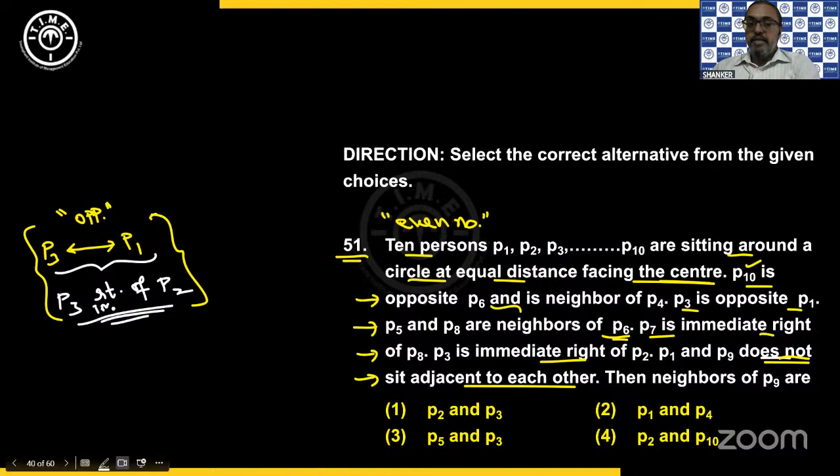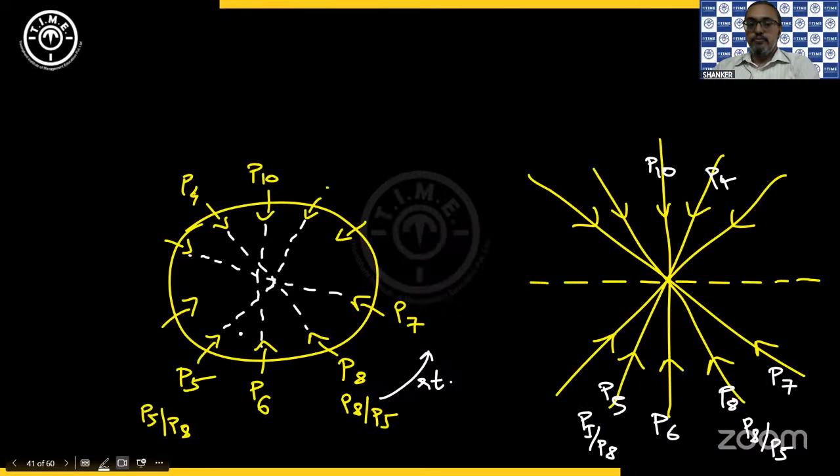P3 is immediate right of P2. Okay. So I cannot put P3 here because P3 will be immediate right of P7. So I will have to put P3 here so that this is the right side, immediate right of P2. So P2 will be here. And then opposite to P3, here you will have P1.